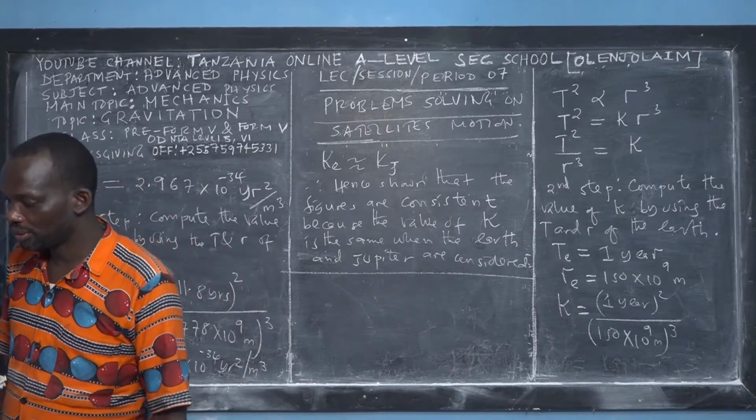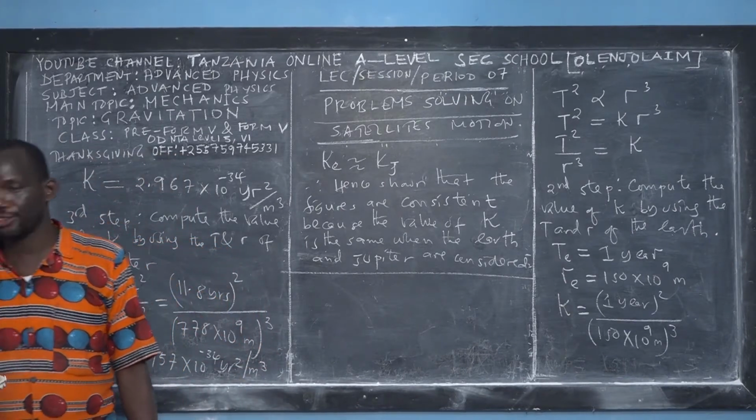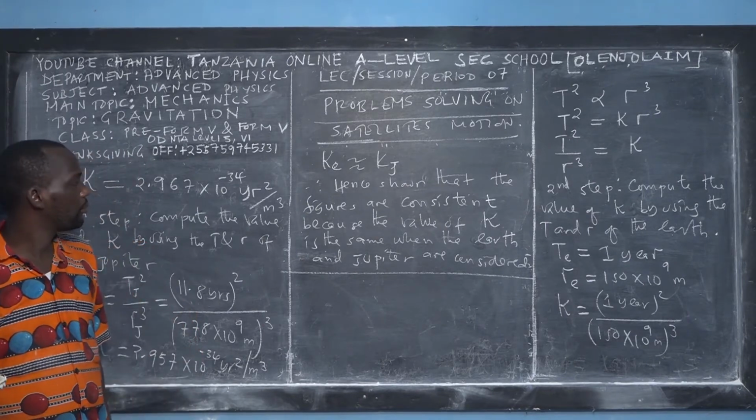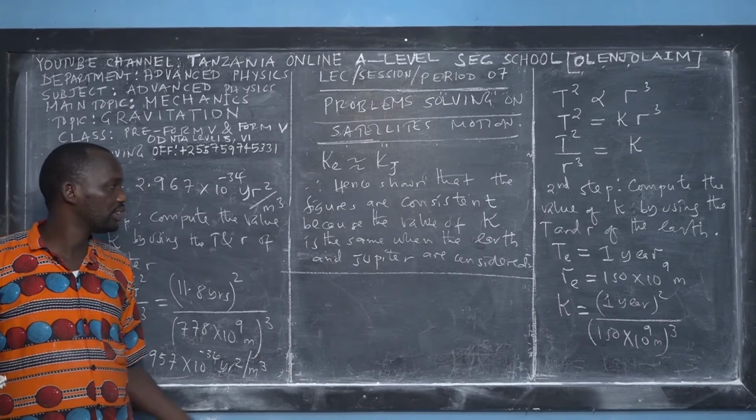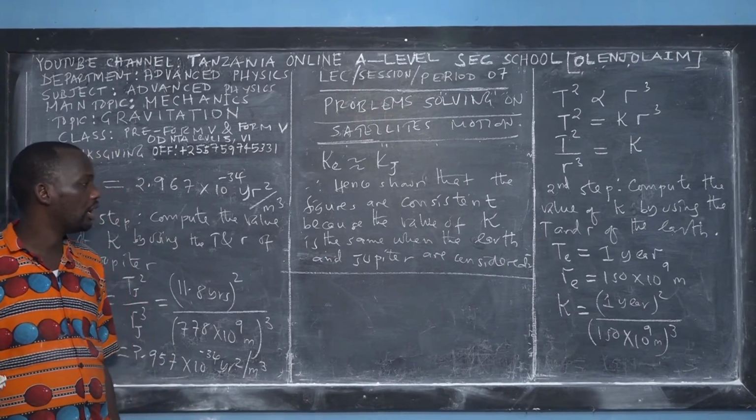Okay? So because the value of the proportionality constant is the same in both planets, if you consider the Earth and the planet Jupiter, then you say that the figures are consistent.